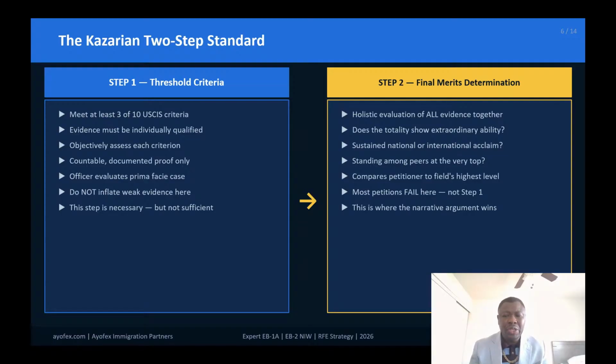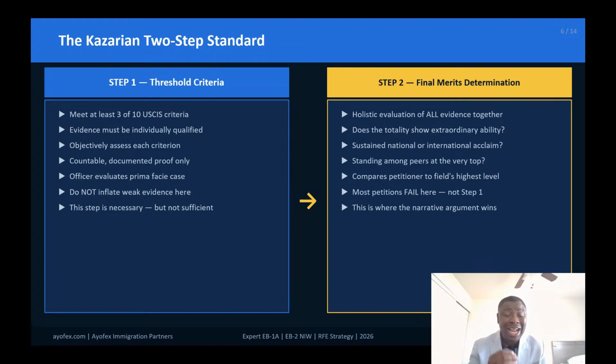Because if USCIS determines fraud or misrepresentation in your case, you may as well forget about immigrating to the US, because this is something that they take very, very seriously, and they punish. USCIS punishes fraud and misrepresentation.